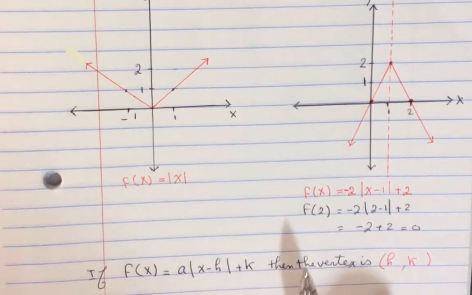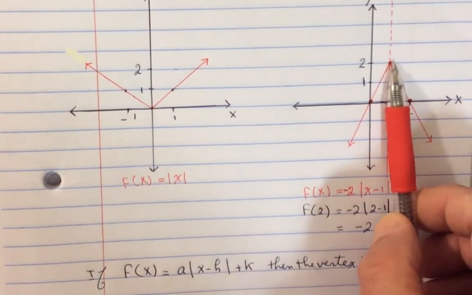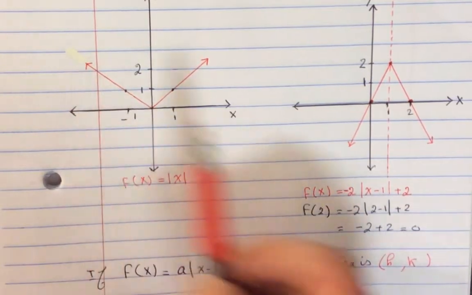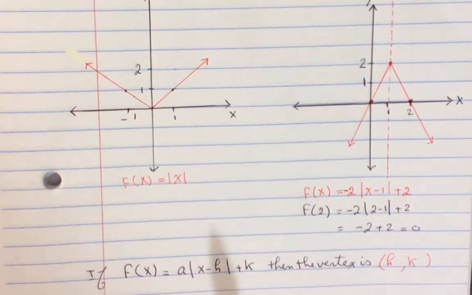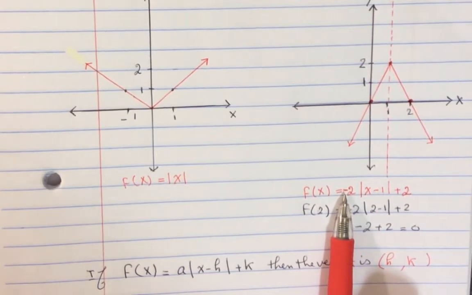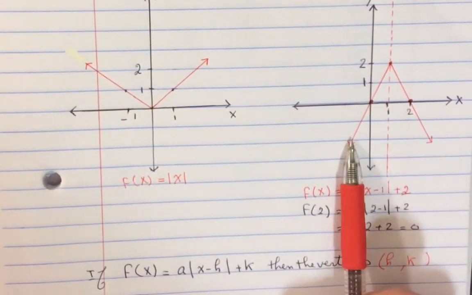So the first thing you do when you want to graph an absolute value function, you decide what the vertex is, you plot the vertex, then you ask yourself, is it going to open up or down? How do you decide that? From whatever number is outside. If that number outside is positive, it's going to open up. If this number is negative, it's going to open down.